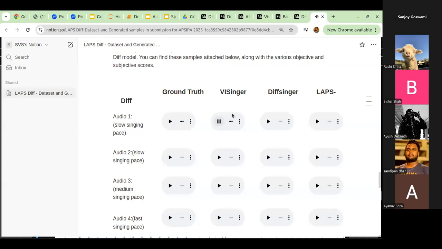You can hear the sound is breaking. So the quality is not that good. There is another baseline model. Here you can also find the distortion. Now let me play our one. As you can see, this sample is far better than these two models.